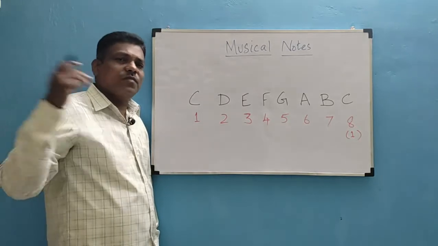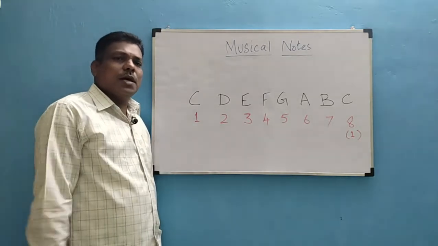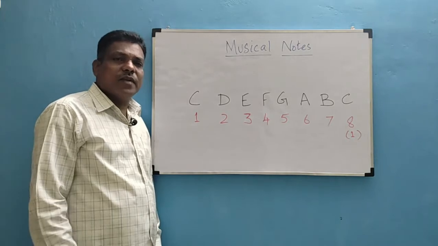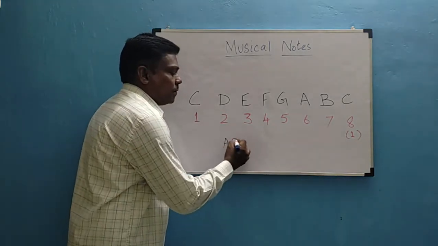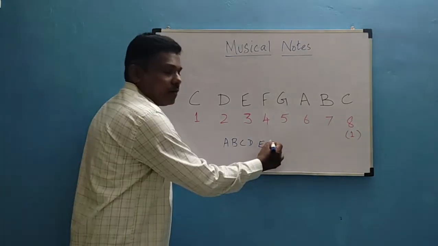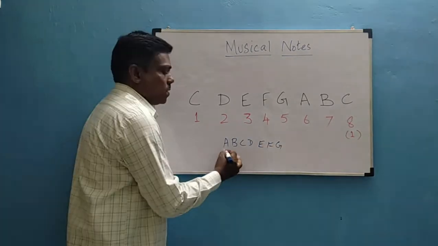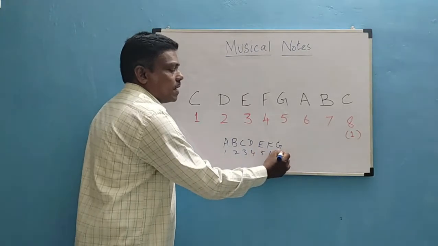Sa is somewhere, Re is somewhere. But what English people did, they took the first 7 letters of the English alphabet: A, B, C, D, E, F and G. 1, 2, 3, 4, 5, 6, 7.